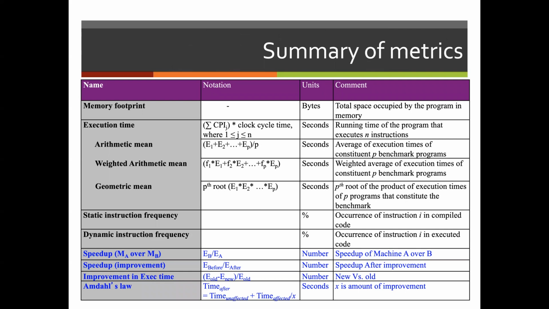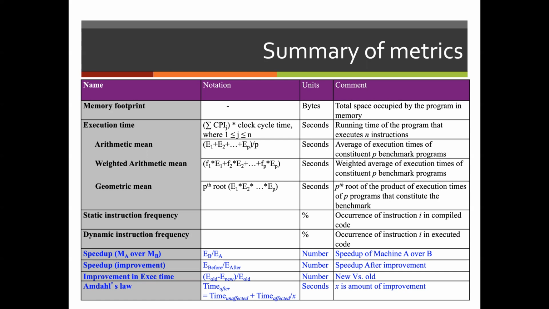So let's take a look at an overview or summary of what we have covered thus far. We've talked about memory footprint, where we want to be sure to represent the total space occupied by the program in memory. We talked about the execution time, where we consider the running time of the program as it executes instructions.